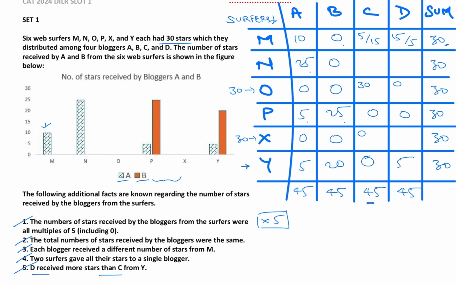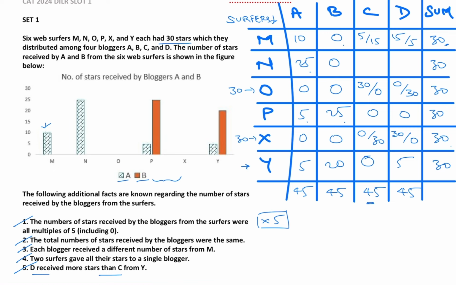So that's why it will be 0. And if X gives 0 here, this has to be 30, because I have to reach my sum, which is 30. Okay. Similarly, if O gives out 0 to C, it has to give 30 to D, and if it gives 0 to C, this has to be 30, and if this is 30, this has to be 0.